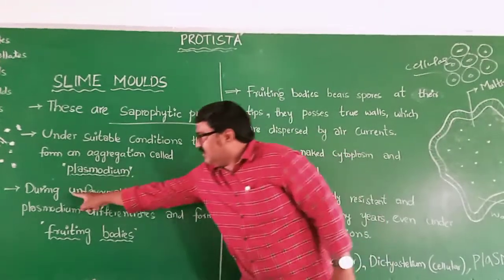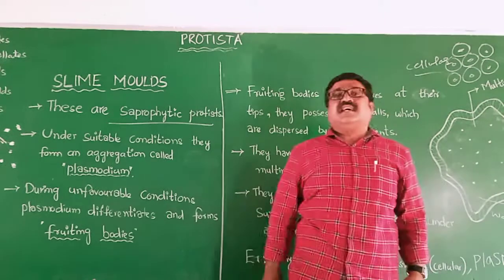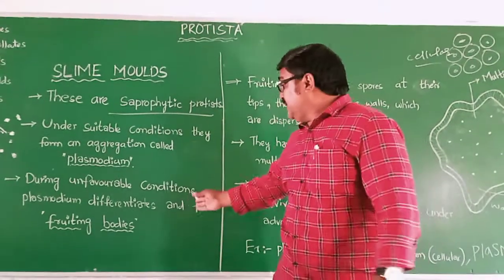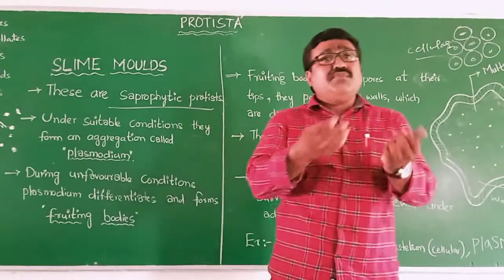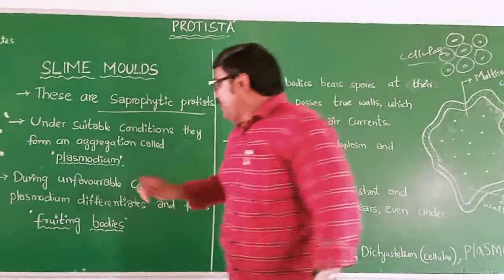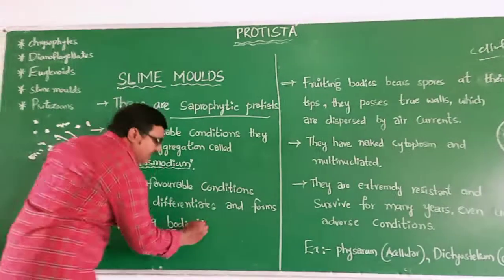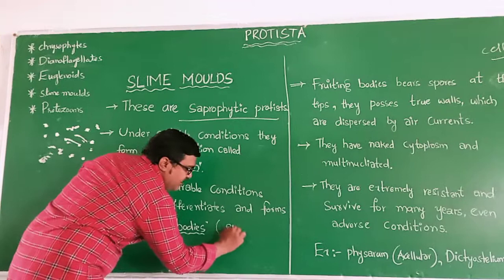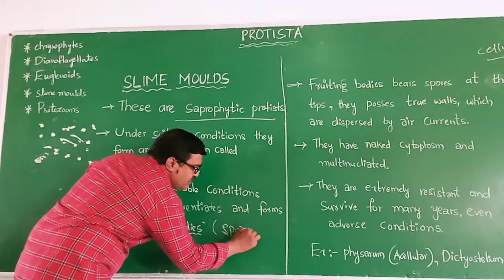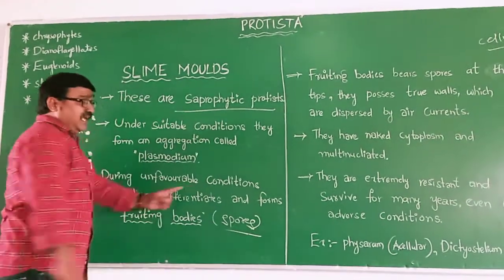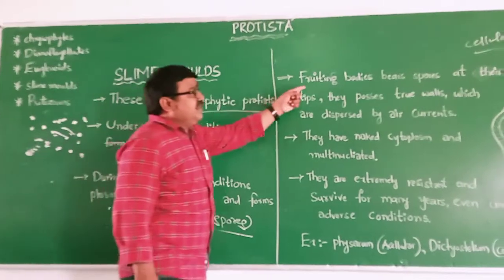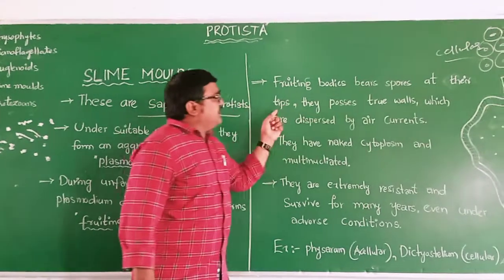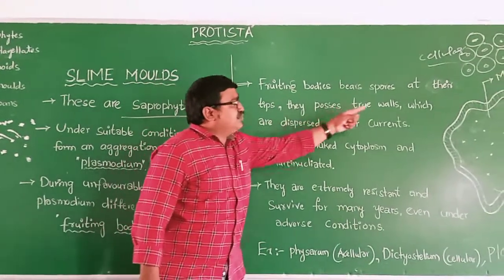During unfavorable conditions, the plasmodium differentiates and forms fruiting bodies, and these fruiting bodies bear spores at their tips. They possess walls.